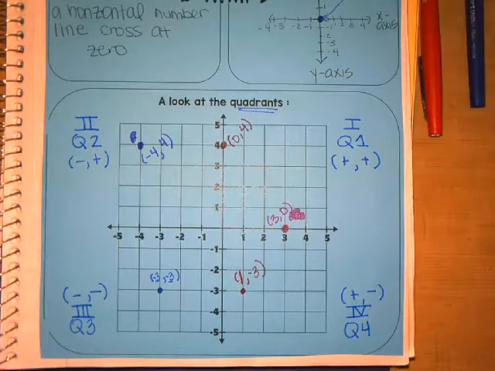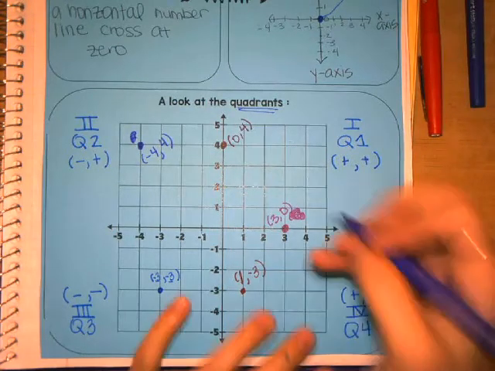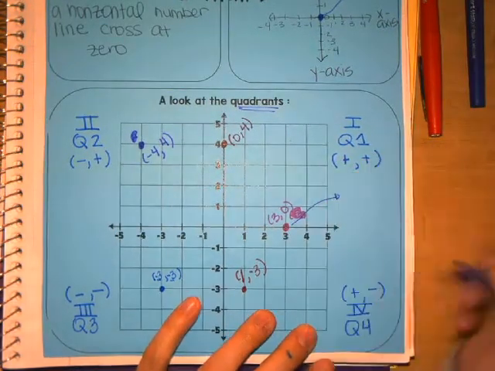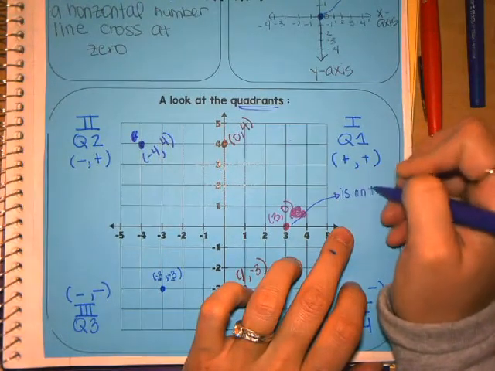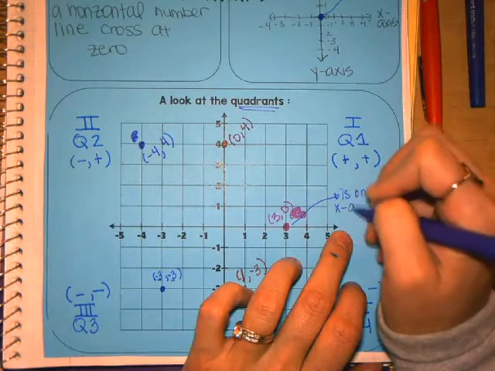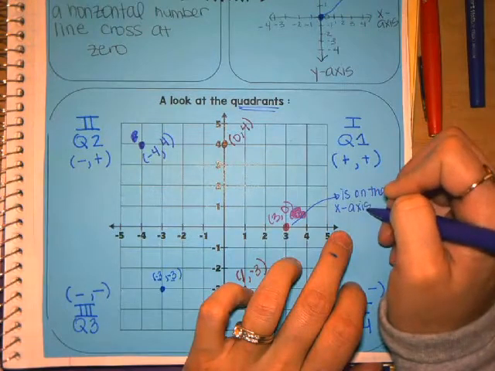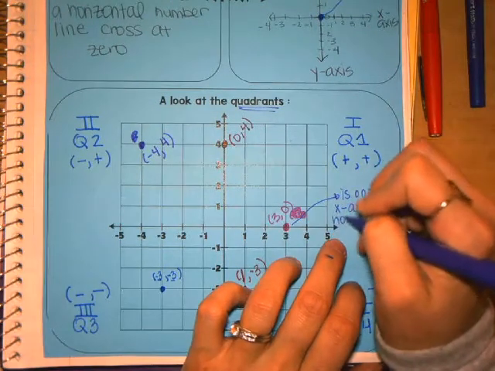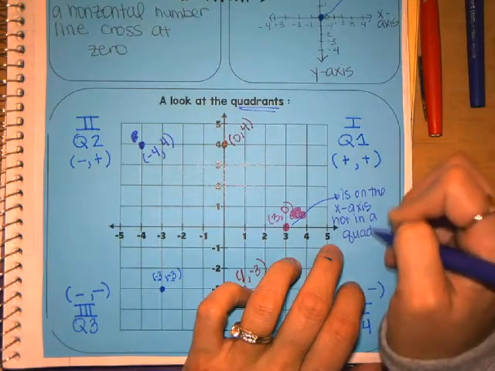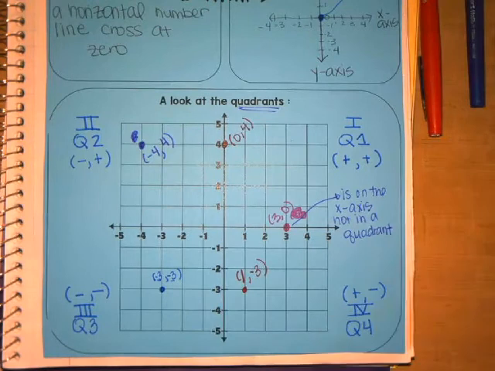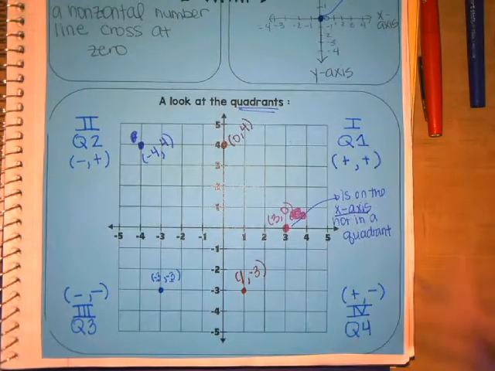So that means that this point right here, guys, is on the x-axis. It is not in a quadrant. So if they give you that point and they ask you for the quadrant, you just say x-axis, because it is on the x-axis.